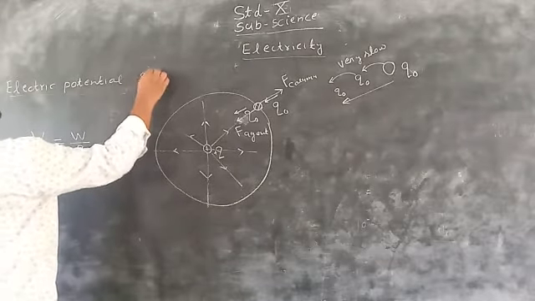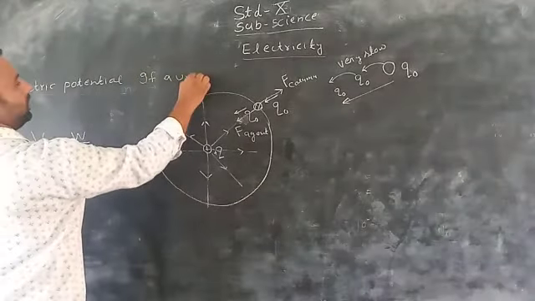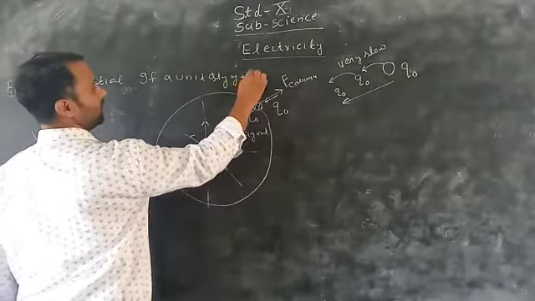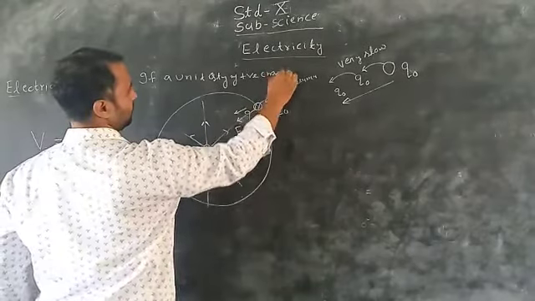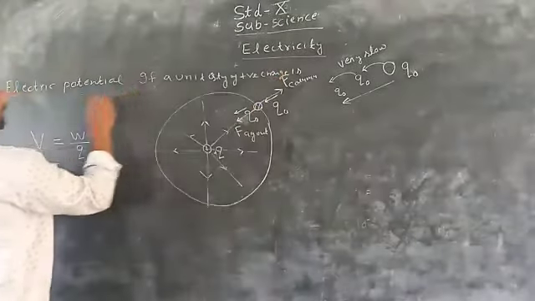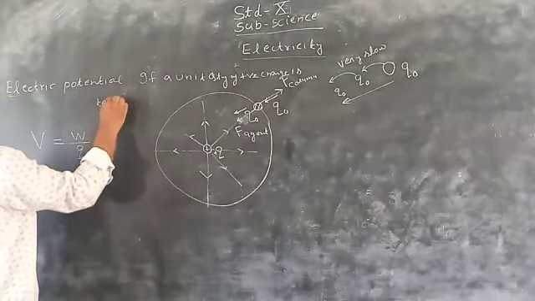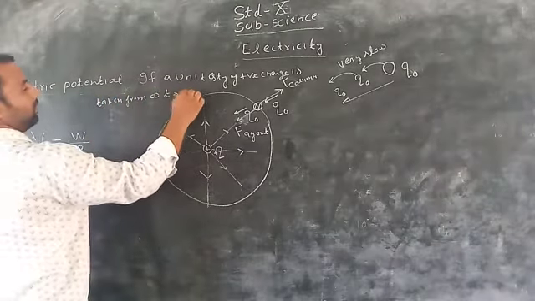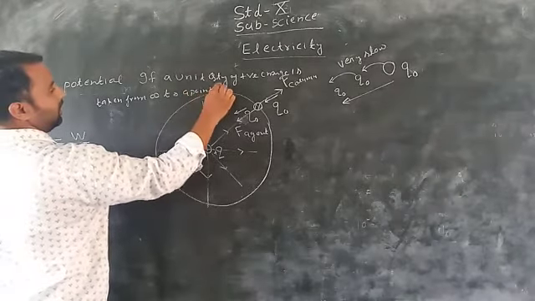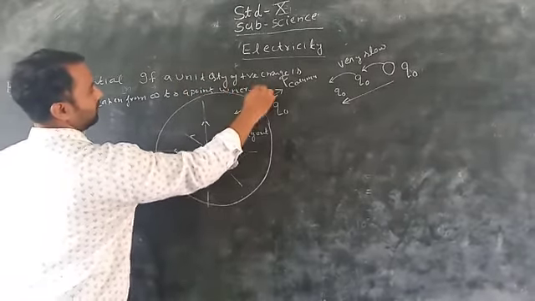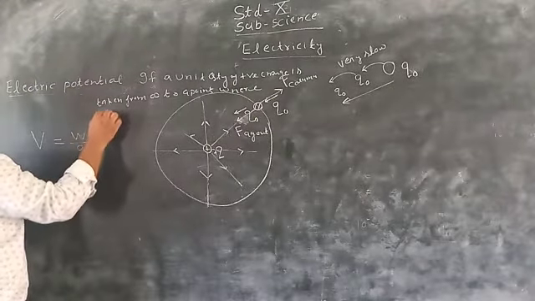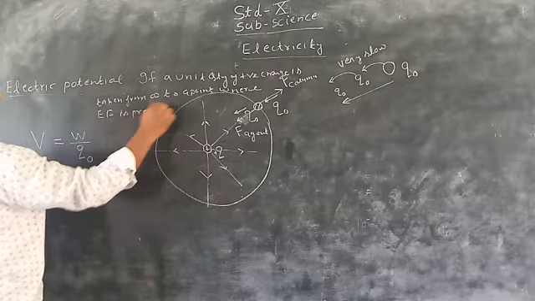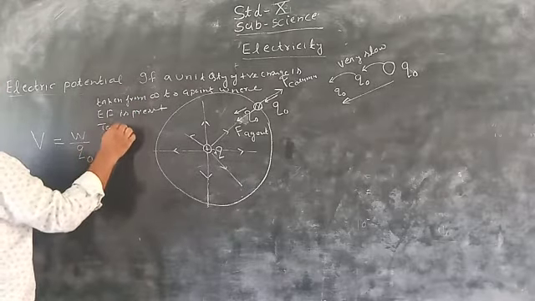If a unit quantity of positive charge is taken from infinity to a point where an electric field is present, then the amount of work done is the electric potential.